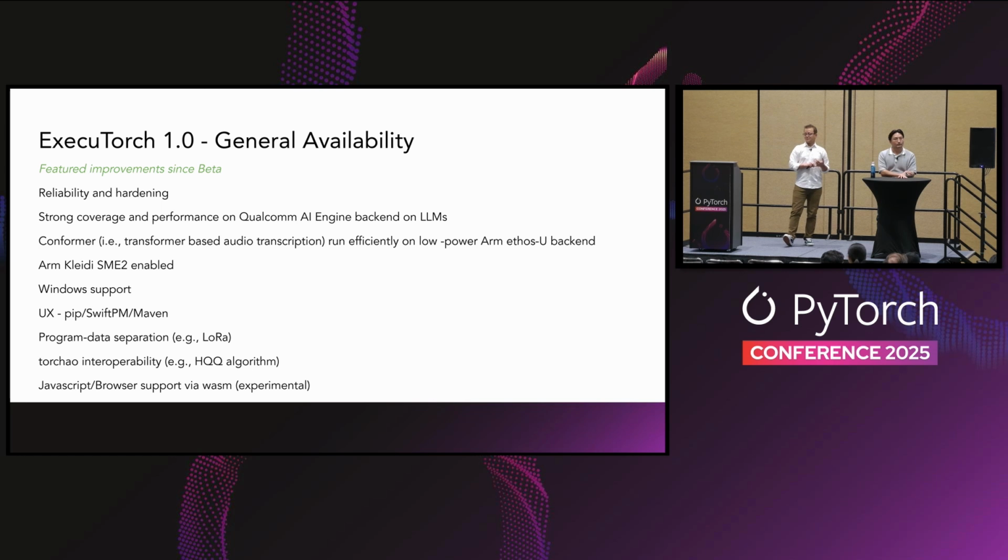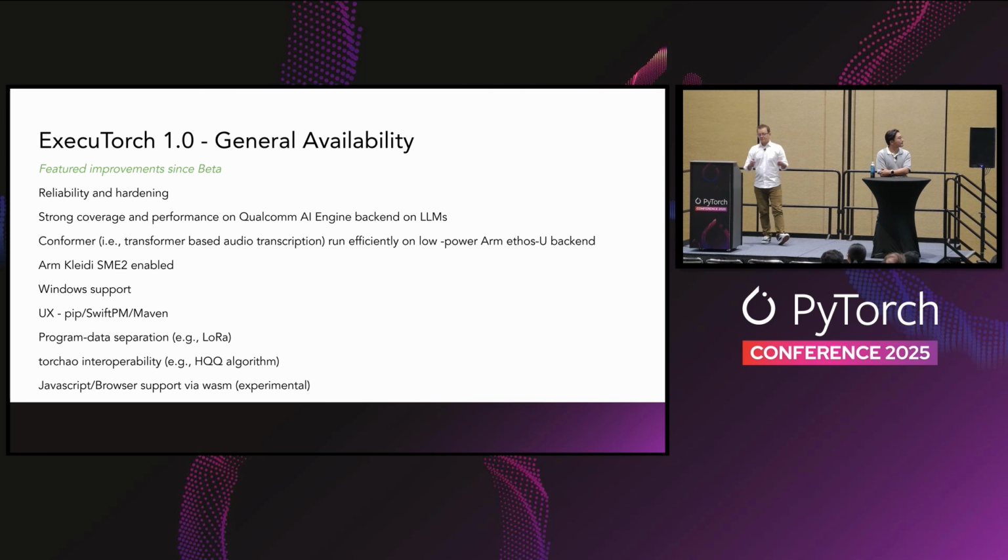Serving billions of users and multiple use cases for a different variety of hardware is no easy task. ExecuTorch is now at Meta scale, able to scale and provide that reliability. We've got strong coverage and performance guarantees thanks to the Qualcomm team on the Qualcomm engine backend, especially on LLMs. Some of those numbers are going to be available on our website.